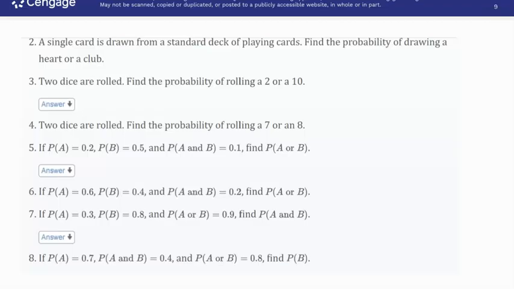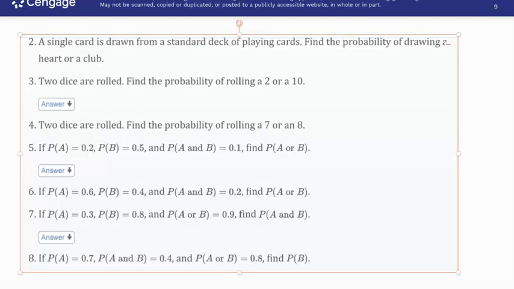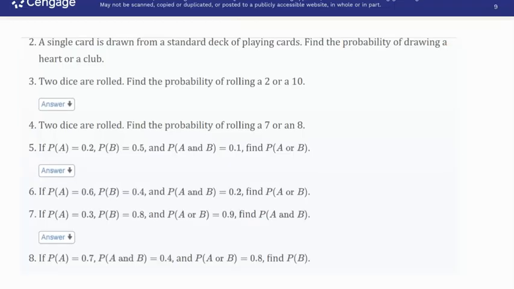Number 2 is asking, if we draw a single card, find the probability of drawing a heart or a club. We're drawing one card and we want to know the probability of a heart or a club. These are mutually exclusive events. So our probability would be the probability that it's a heart plus the probability of a club.